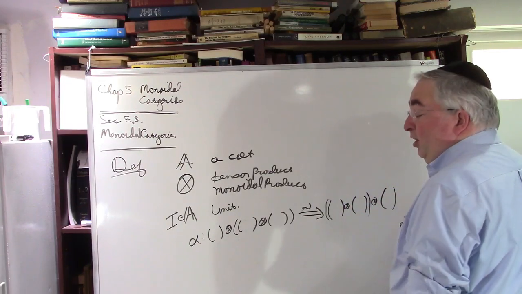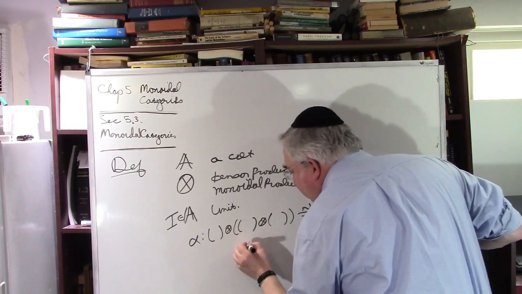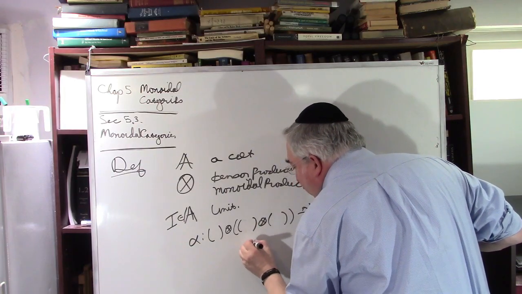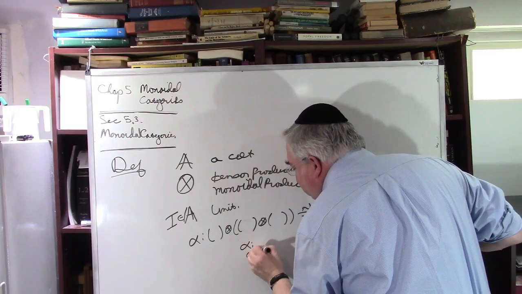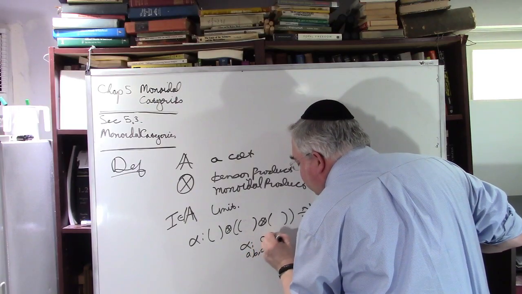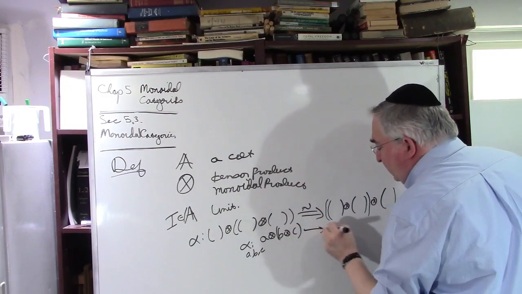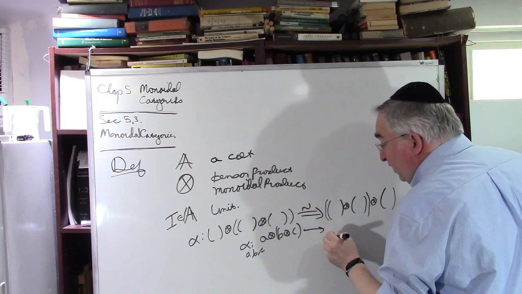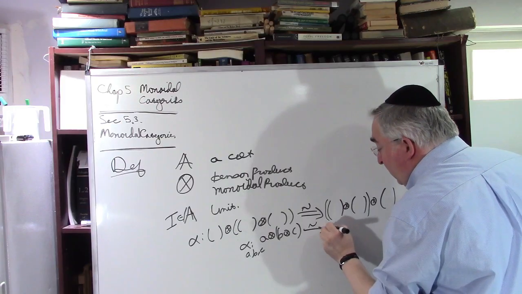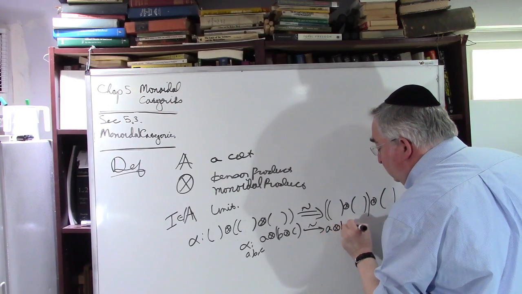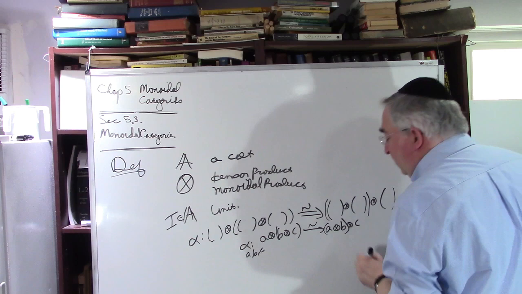It's going to take 3 objects. So a typical component is alpha from A, B, C. It's going to go from A tensor B tensor C to, this is a component of the natural isomorphism, so it's an isomorphism, A tensor B tensor C, with the parentheses rearranged.